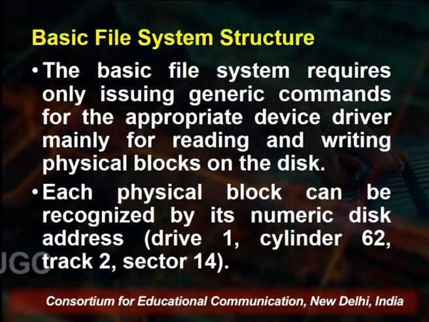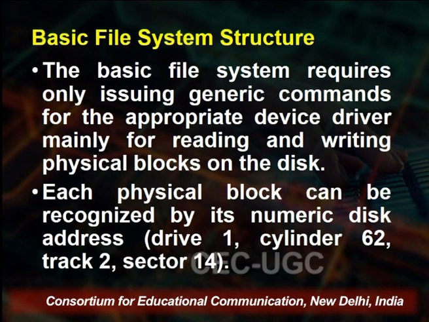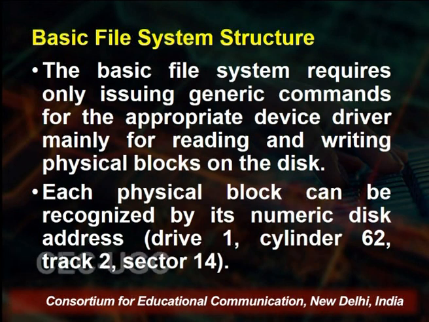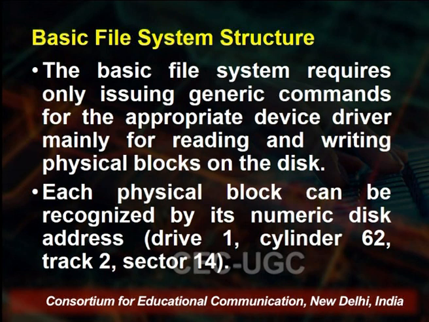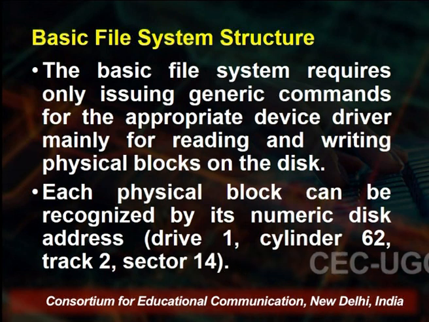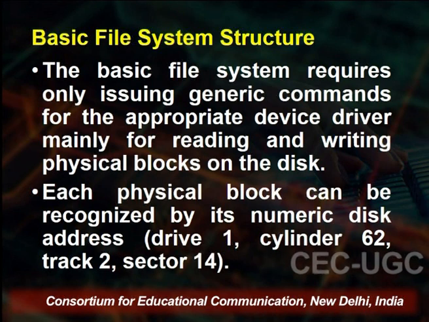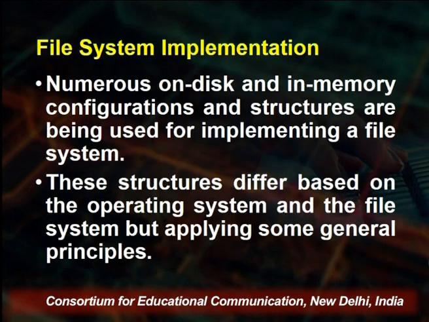For example, drive 1, cylinder 62, track 2 and sector 14. With this numeric disk address a physical device can be recognized, and on this physical device logically related data, which we consider in the form of a file, is written. So, basically this file system requires issuing some commands for writing and reading these physical blocks on the disk.